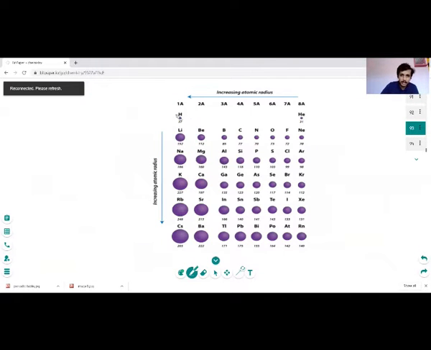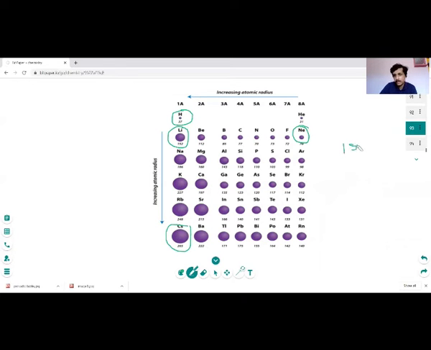Here, this is just an example. You see, hydrogen is such a small atom, and cesium is bigger. That is, down the group size increases, as we can see here. And you see here, lithium is the leftmost element in this particular period, the second period, and neon is the rightmost. You can see the size decreases, and the atomic radius value is given here in picometer, 152 picometer to 70 picometer.